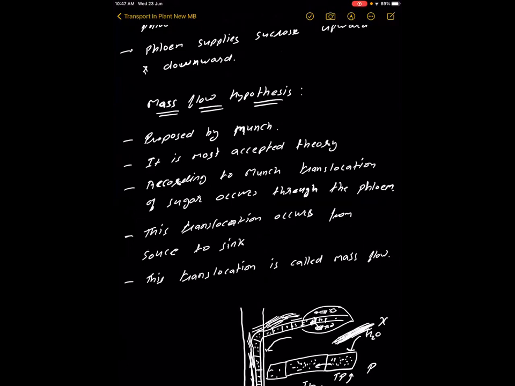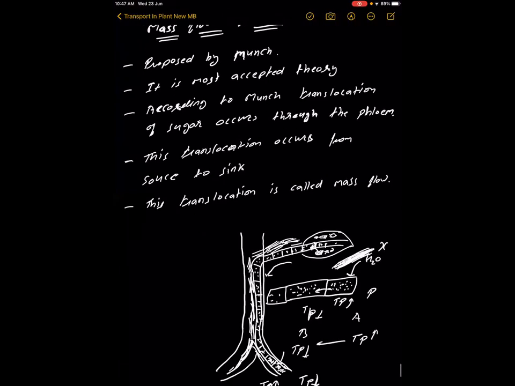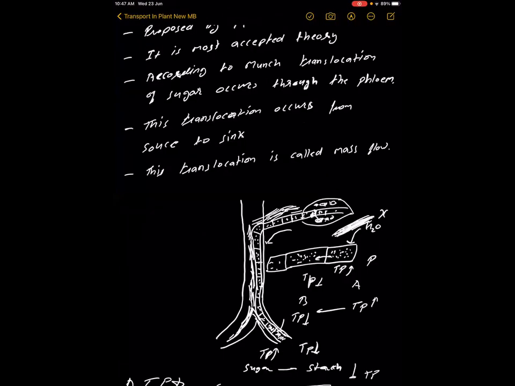So according to this theory, translocation through the phloem occurs from source to sink. Source is the leaf where organic solute is formed, synthesized, and sink means utilization or consumption occurs, or storage after consumption.